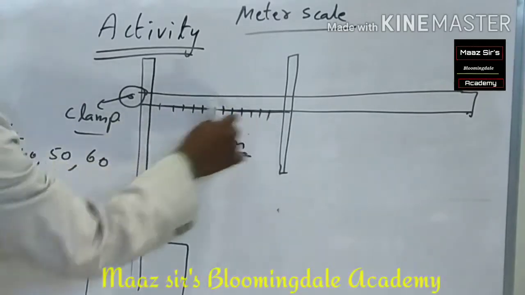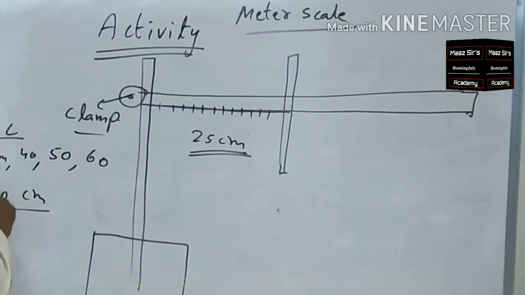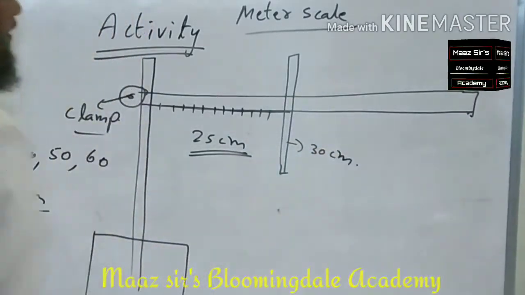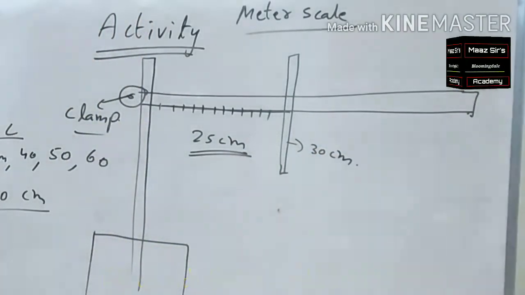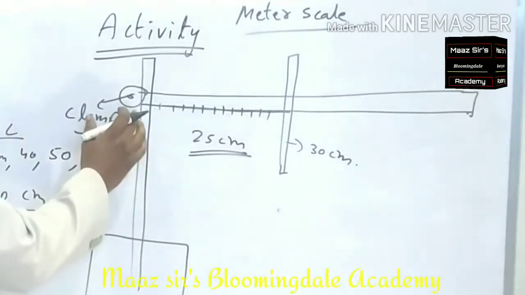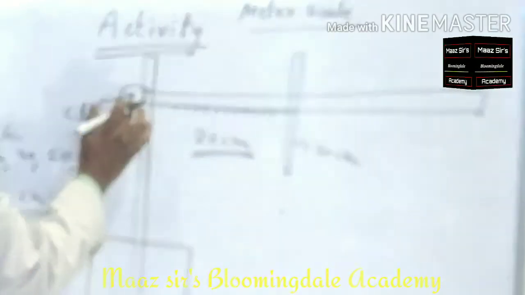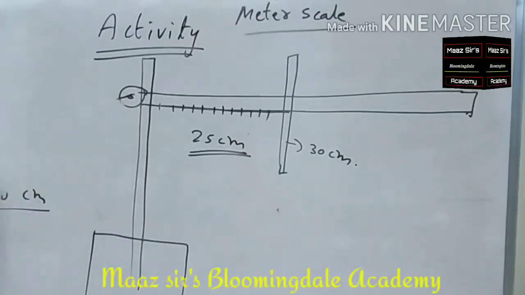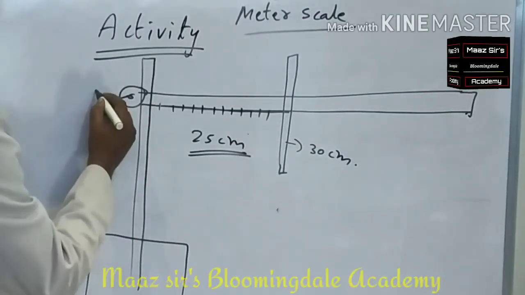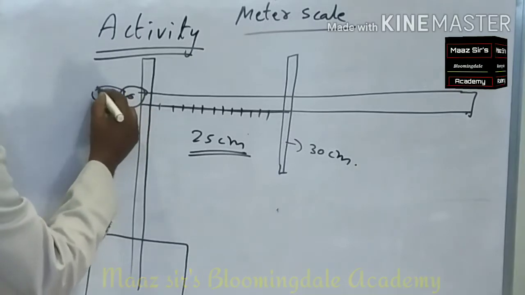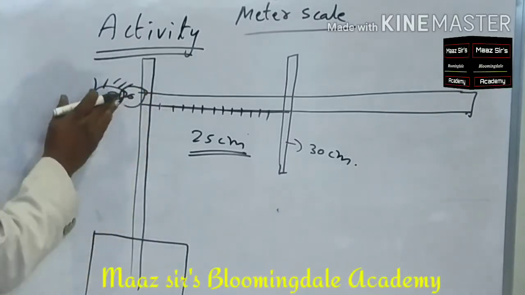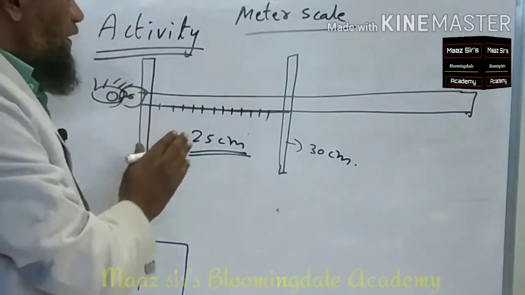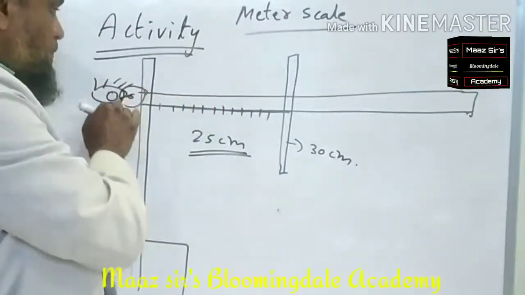From here to here it is 25 centimeter. Now place a PVC pipe of length 30 centimeter. Now you try to watch this pipe from this point, that is at this clamp. So this is your eye. I am watching it from here. Is it clear? So I'm standing here, I'm watching this pipe from this point.